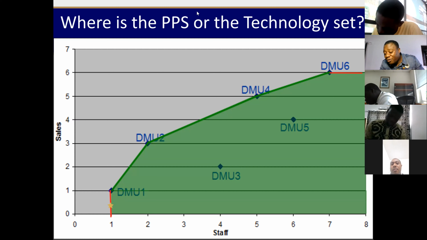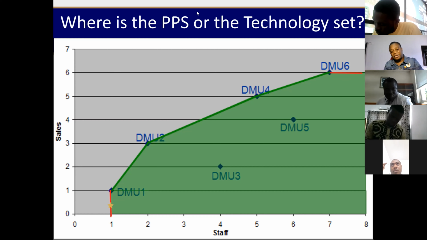It was later on that other authors, like Tone, like Russell, and several other people, created what we call the non-radial approach, DEA, which we shall look at later.